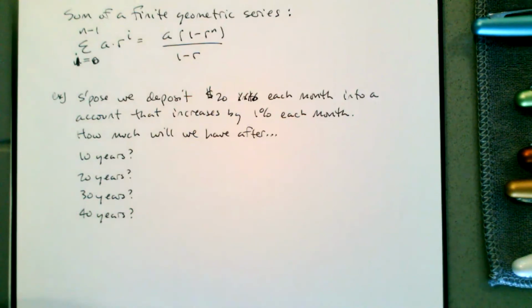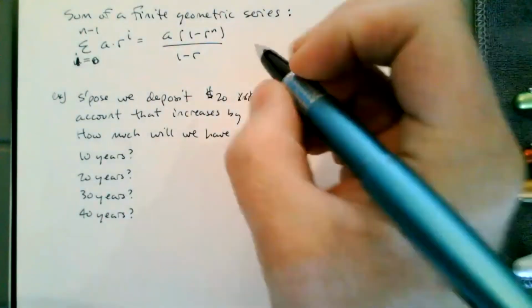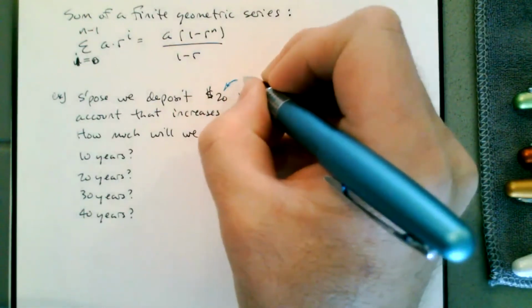So we're only going to be putting in $20 a month. That's going to be our coefficient, and it's increasing by 1%. So our common ratio will be 1.01, and a is going to be 20. Let's identify our parts.